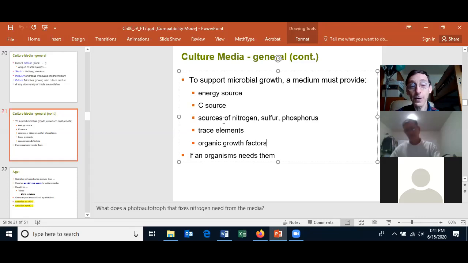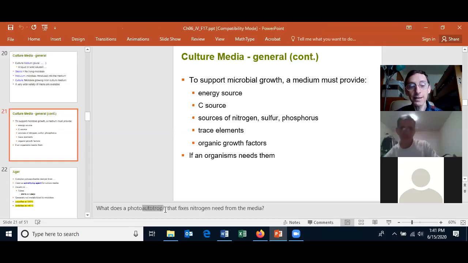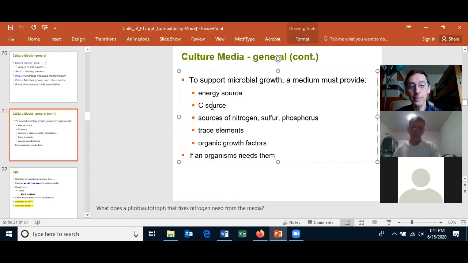Do we need to add a carbon source to the media? Nobody studied their last lesson when we talked about the autotrophs. Because it's an autotroph, it's pulling in carbon dioxide from the air or the media, so it doesn't need a carbon source.